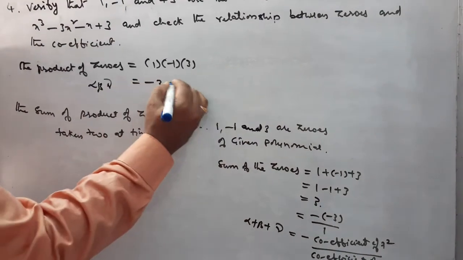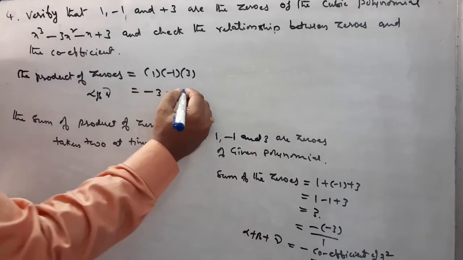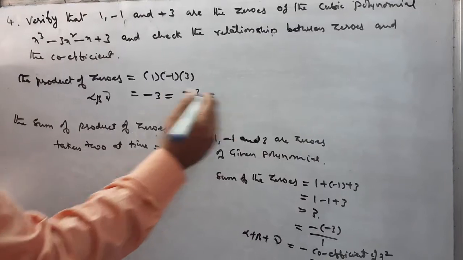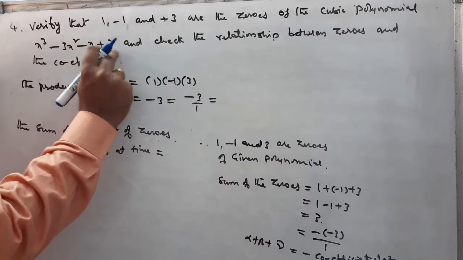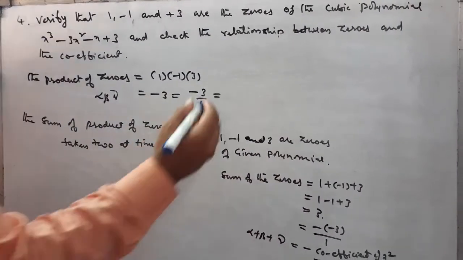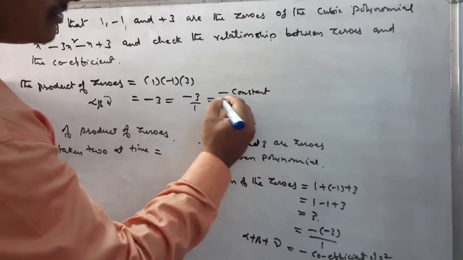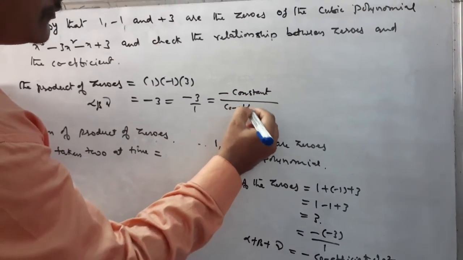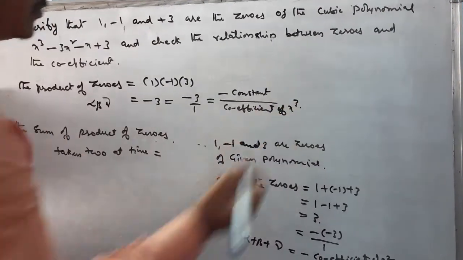So minus 3 we can write as minus 3 by 1. Minus 3 by 1 means it is minus 3. Here 3 means the constant and 1 means it is the coefficient of x cube. So we will get minus constant by coefficient of x cube.